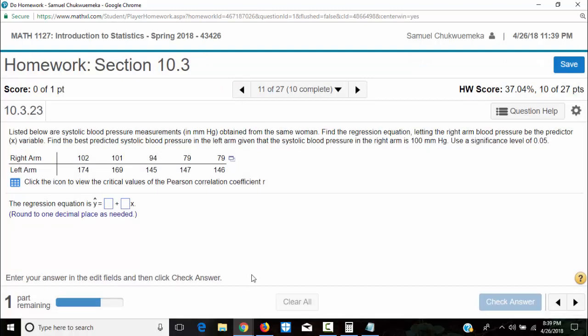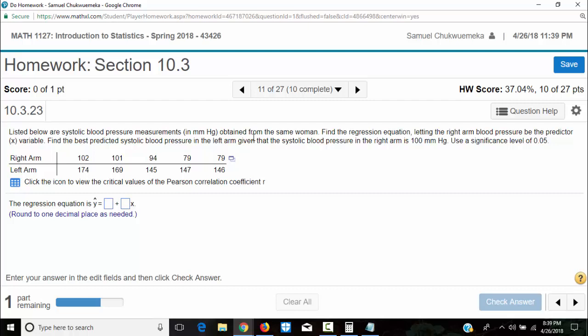Question 11. Listed below are systolic blood pressure measurements in millimeter mercury. This is known as mercury, Hg. That's the chemical symbol for mercury. Listed below are systolic blood pressure measurements in millimeter mercury obtained from the same woman.